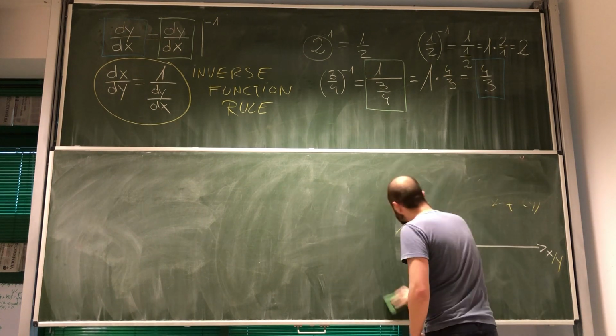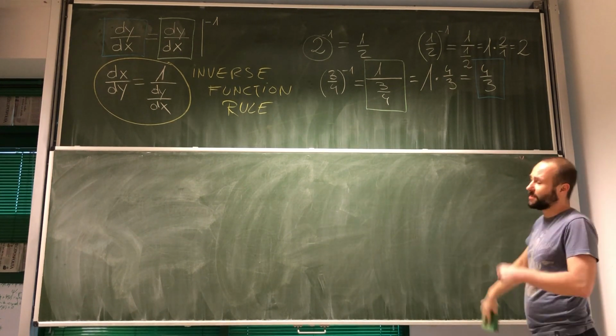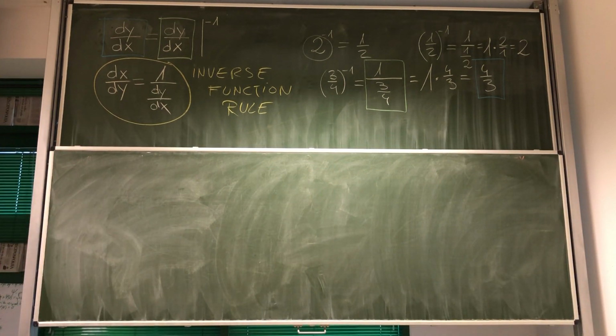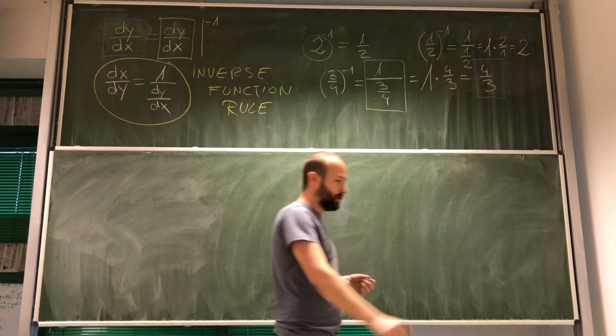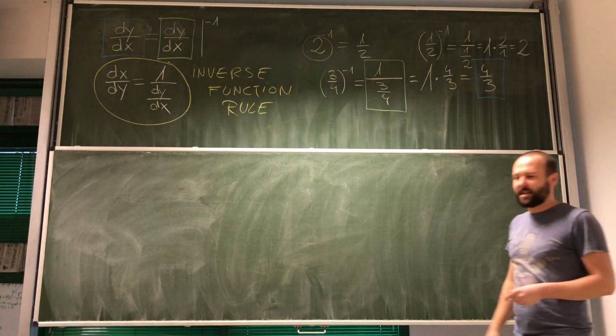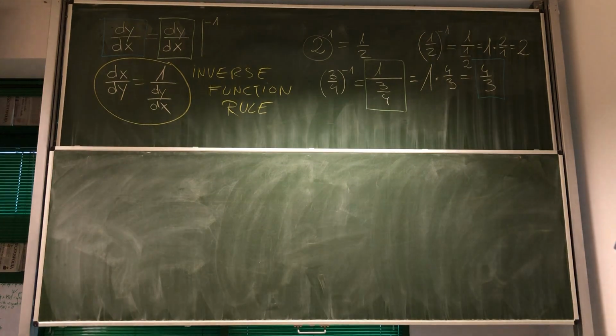Of course, sometimes we need to restrict the domain like we did with the quadratic function, but this is why we're going to use an example with the linear function.